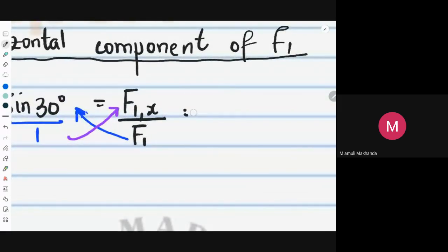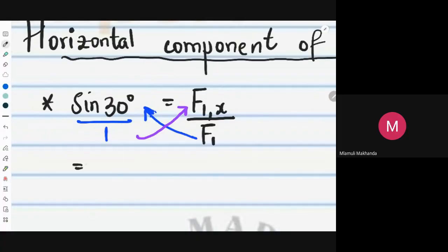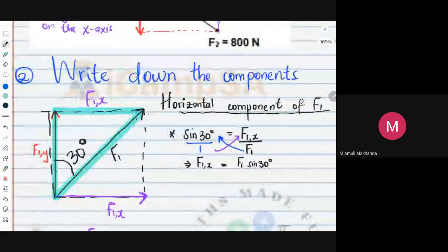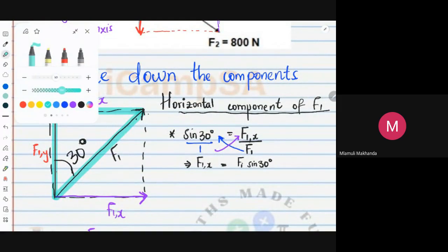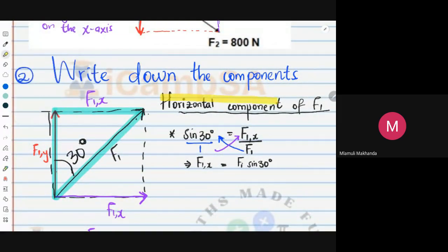It's too bad. We will get that F1x is simply F1 times sine 30 degrees. Do you see it? So this is the horizontal component of F1. The horizontal component of F1 is simply F1 times sine theta.